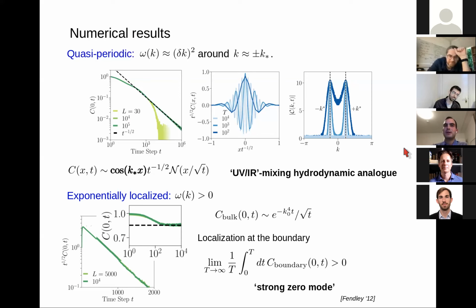Sure. So what we are doing is we generate an initial state. We take the spin, say, in the central site. We evolve this particular initial state, and we measure the spin in every other site of the lattice at every time step. So we have the initial spin, we measure the spin in every site at every time step, and we keep multiplying these two to obtain the correlations.